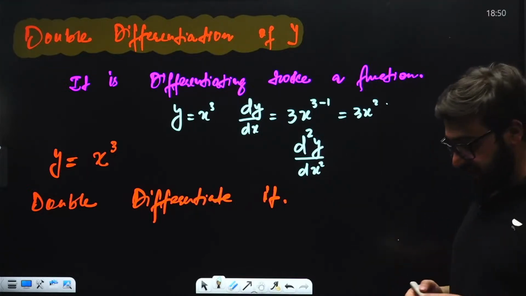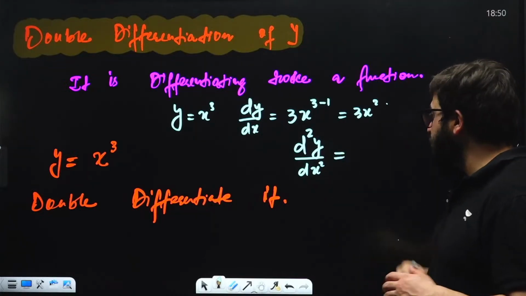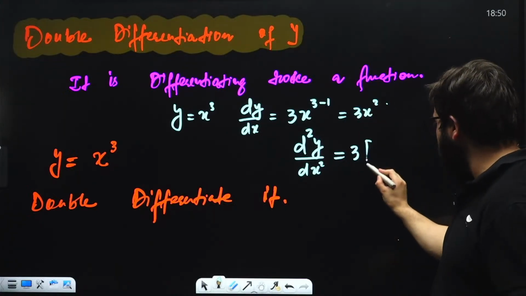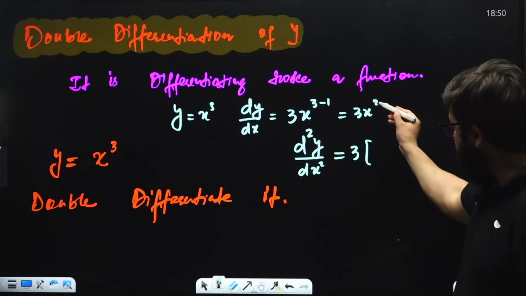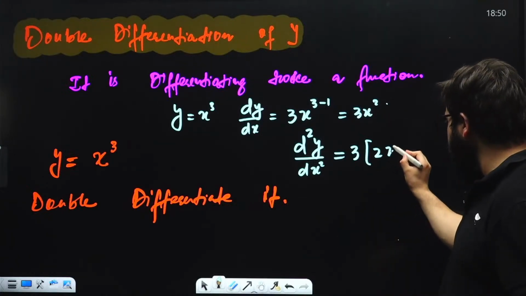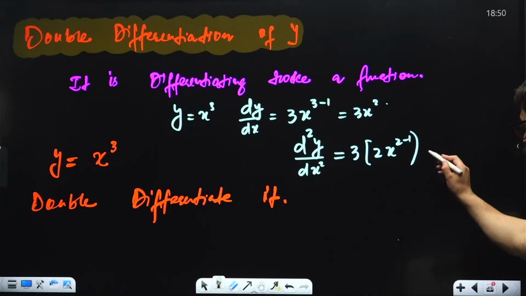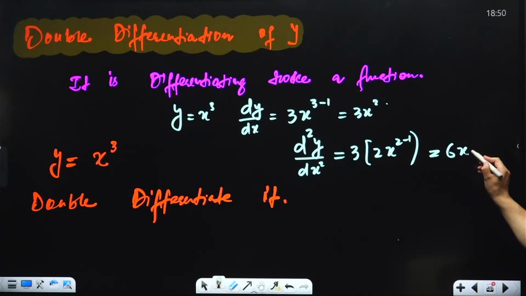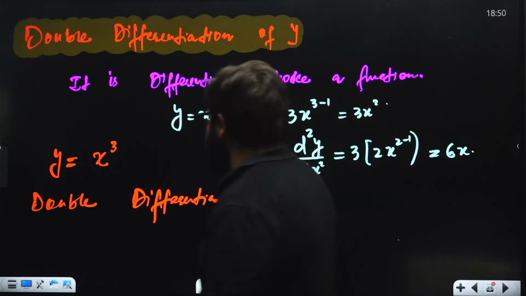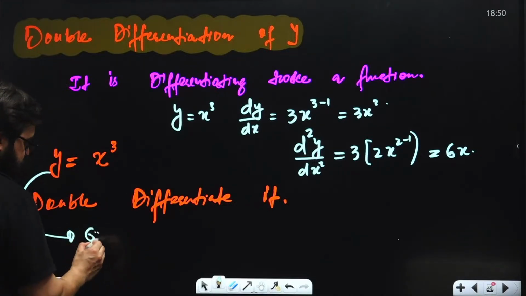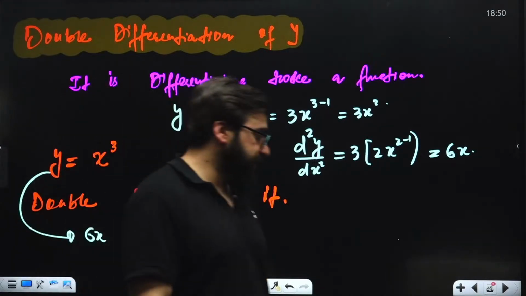So for this, 3 common, and for x square it will be 2 down, x raised to the power 2 minus 1. 3 into 2 is 6, into x, 2 minus 1 is 1, so 6x. So the double differentiation of x cube is simply 6x.